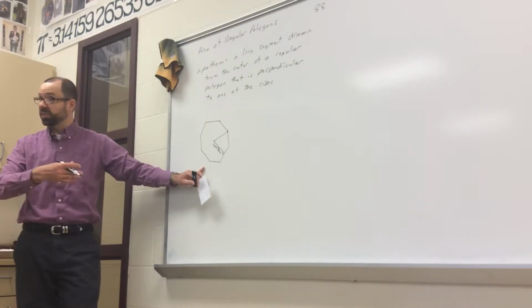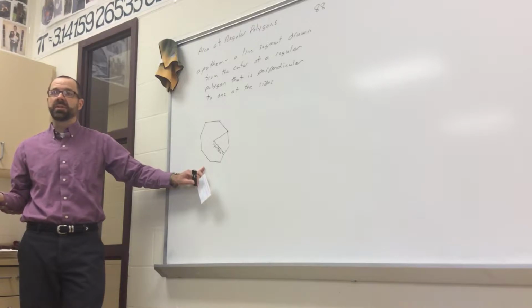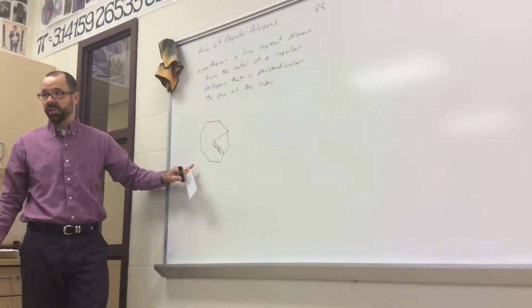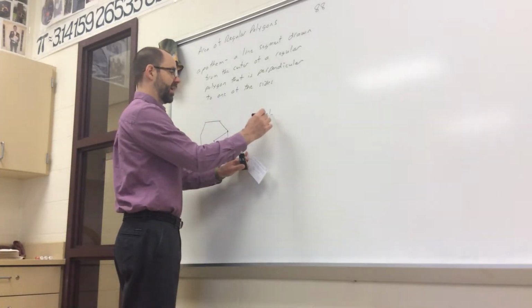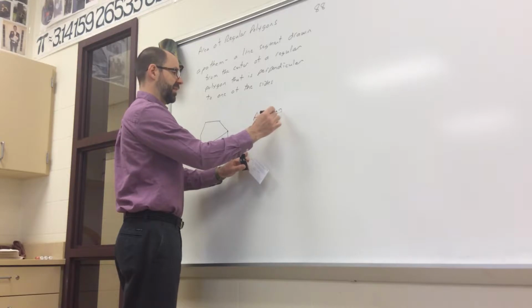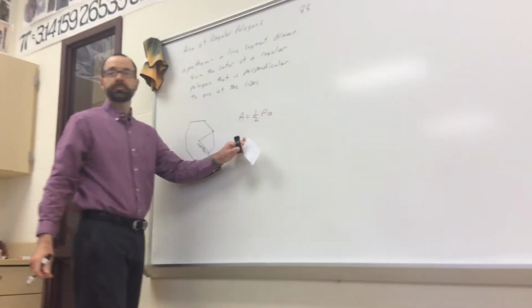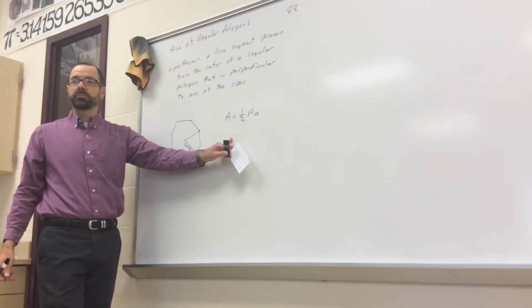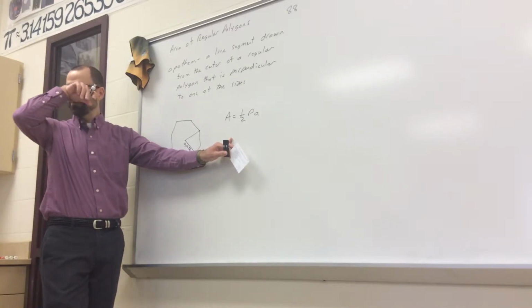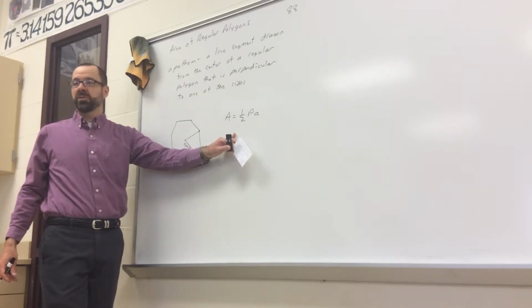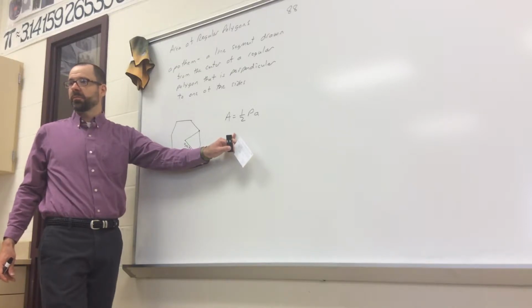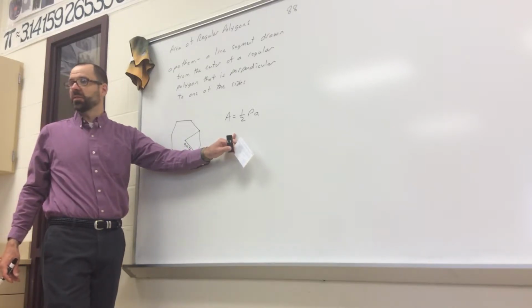All right, the reason I bring this up is you need the apothem to find the area of the regular polygon. So here's the formula for the area. The area is 1/2 times P times A. So what do you think the A stands for?